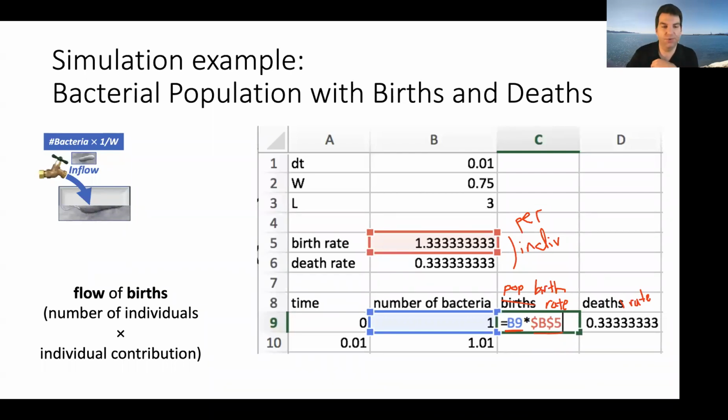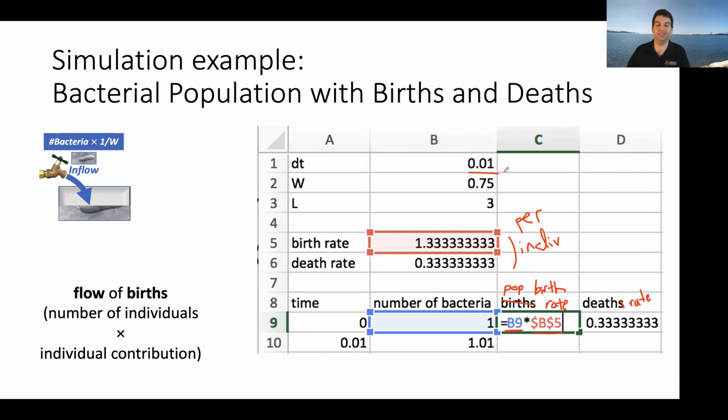There was a question, why did I use a DT of 0.01 instead of a DT of 0.1? So on Tuesday, when we did a DT of 0.1, I just happened to use 0.1, and like I mentioned on Tuesday, it was probably too large because it was too close to the time scale that bacteria are actually reproducing in.